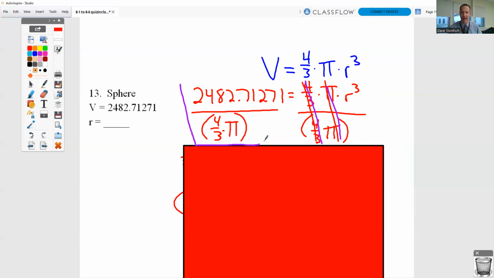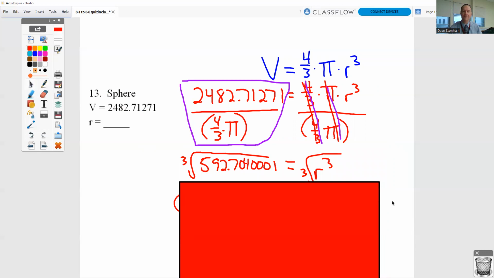You want to type in everything into the calculator, including the parentheses in that bottom part. When you do that, you get 592.7 blah, blah, blah. Now that equals r cubed. The opposite of cubing a number is to take the cube root of a number.